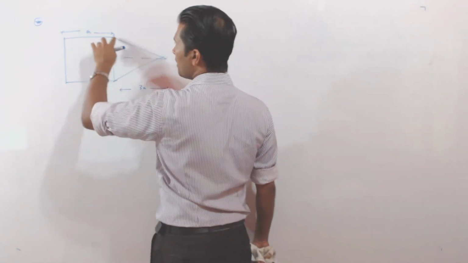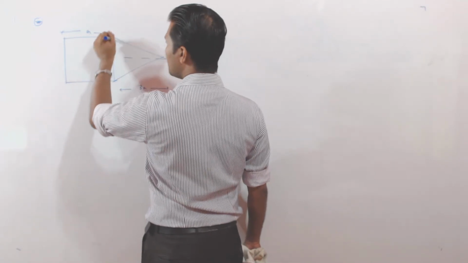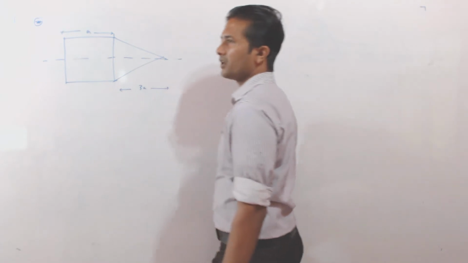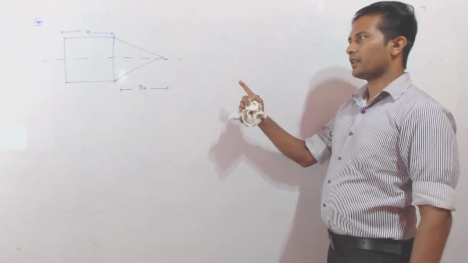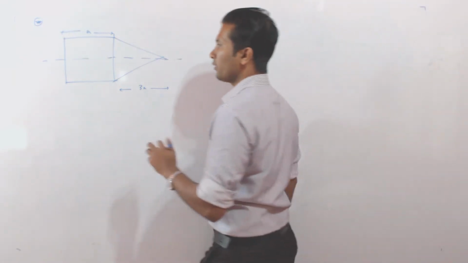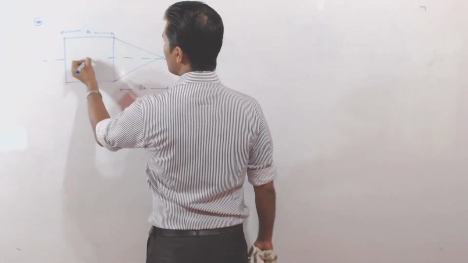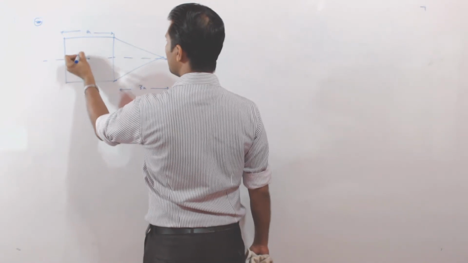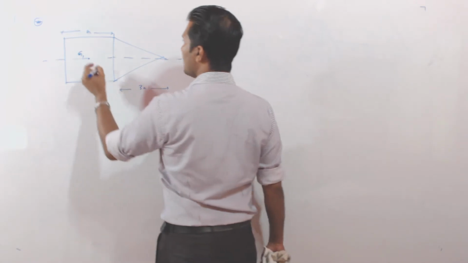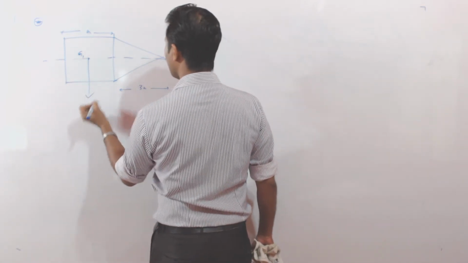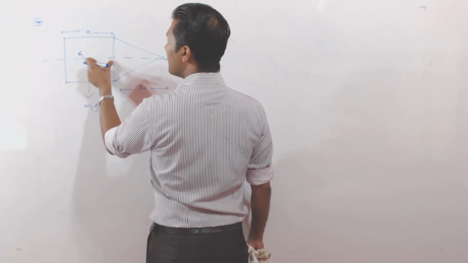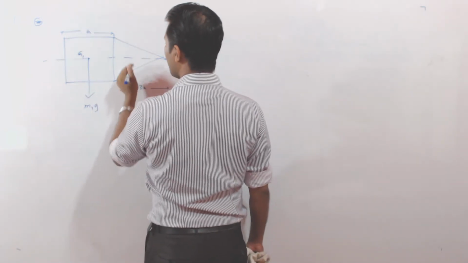So first of all, you have to mark the symmetric line, because if there is a symmetric line, the center of gravity should be along that particular axis. First, consider the square type one. You can take the weight as m1g, and this should be a divided by 2, half of a.